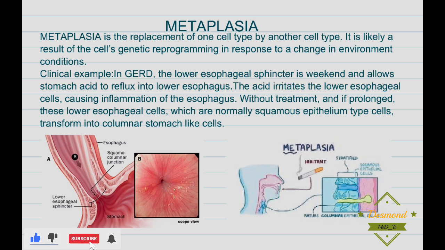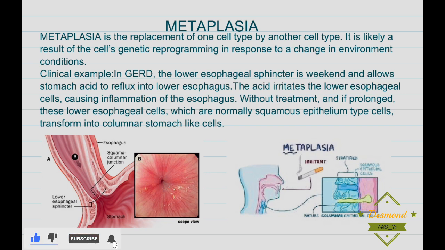So metaplasia is when one cell type changes into another type, and this change is not normal for the tissue. It's like if you had a group of factory workers who suddenly switched roles and started doing different jobs. That's what metaplasia is.